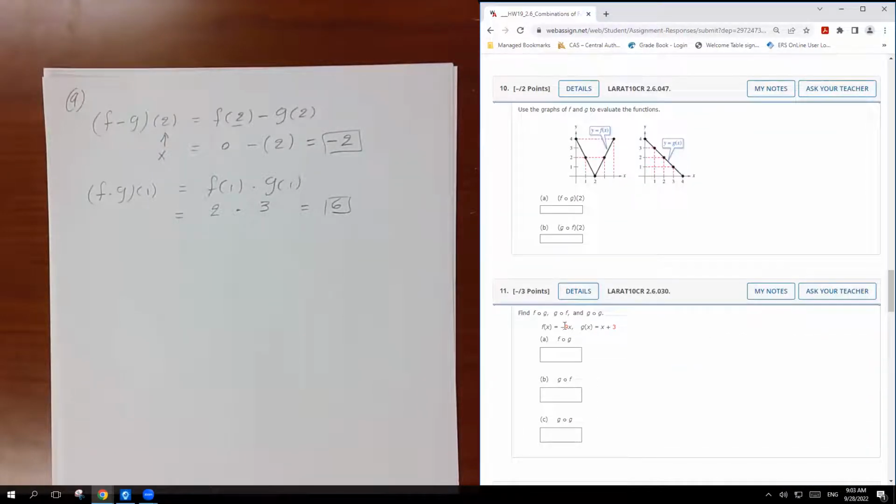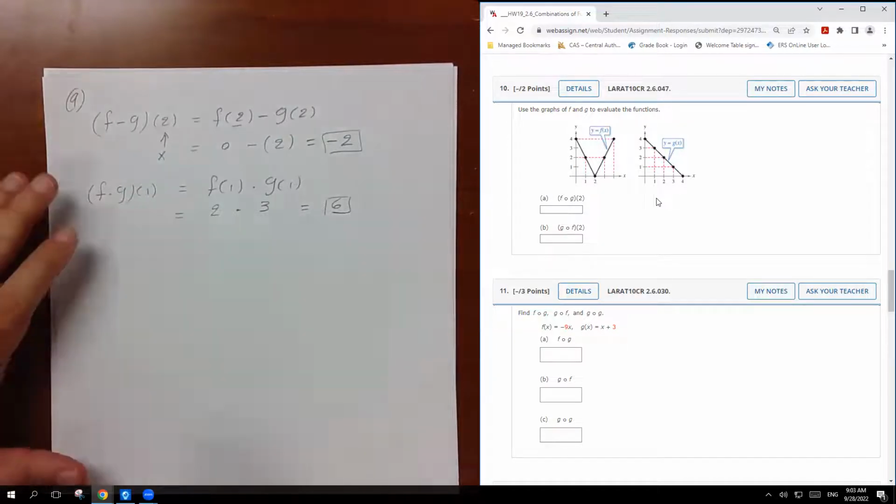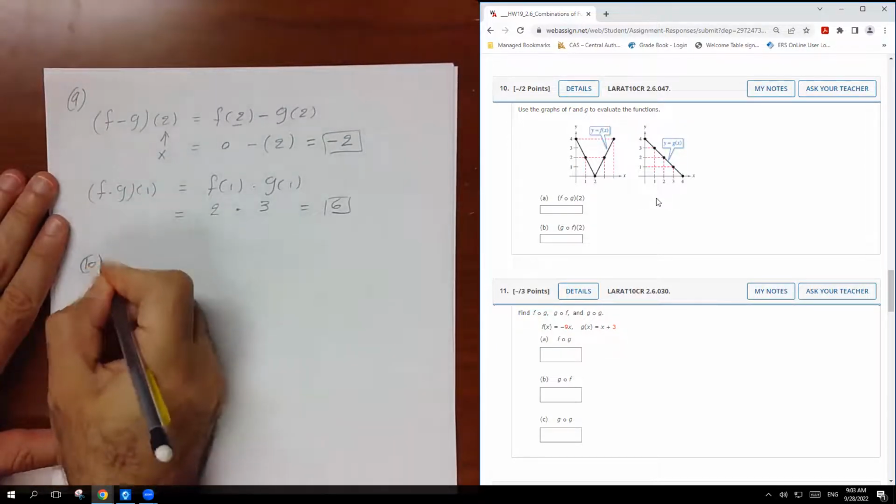And then let's do 2 more examples about using the composite function before we move into the last examples. Now we have f composite with g of 2, so example 10.